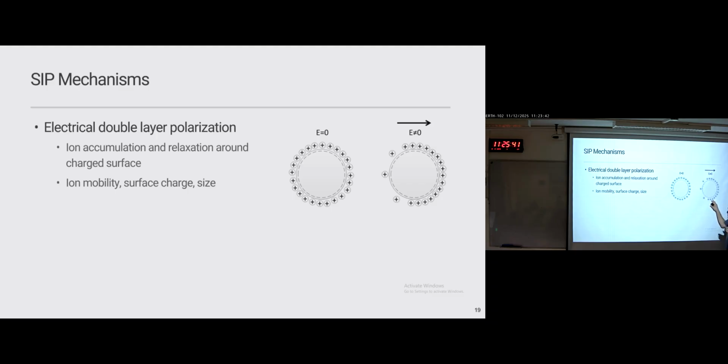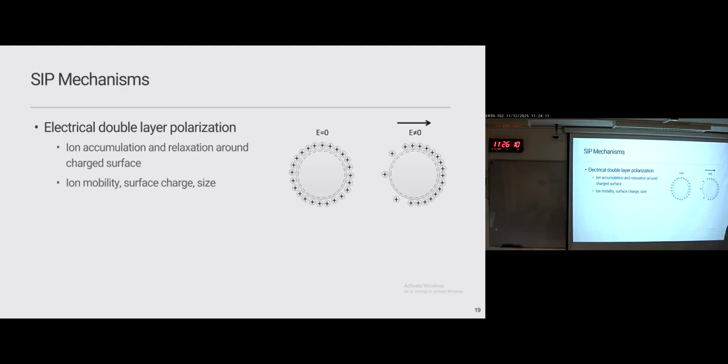Polarization of the electrical double layer depends on the ion mobility, so how strongly those ions can move next to the surface, on the amount of charge on the surface, and on the size of the particle. If we have a big particle, ions need to travel a longer distance, and polarization will take more time. So this is the main mechanism.